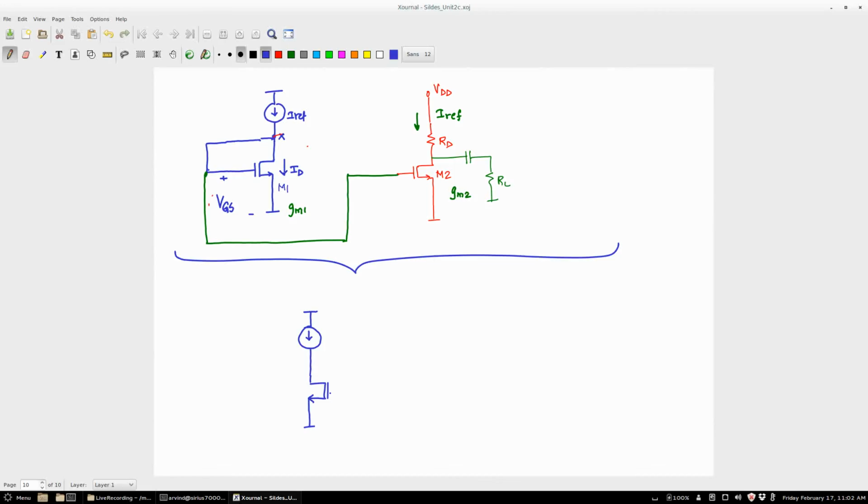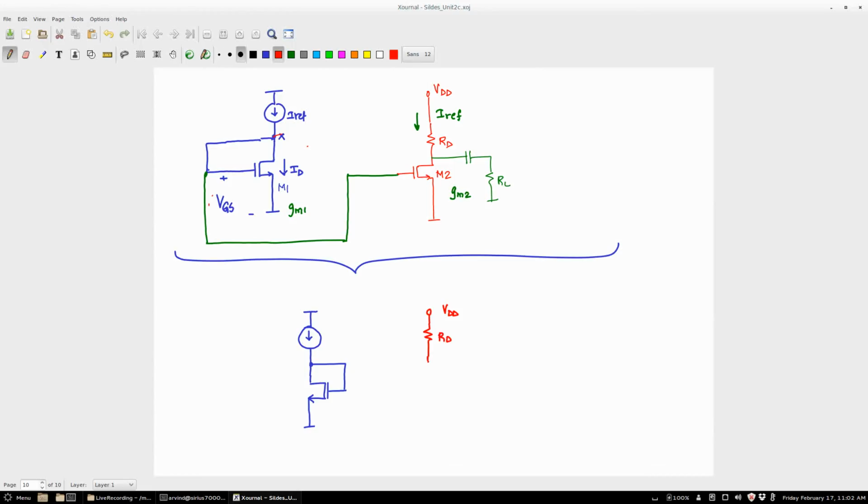So you can take this guy, which is identical to this. I can take this, there's a current source, correct? Then instead of the transistor facing this way, I just flip it. And then what should I connect?